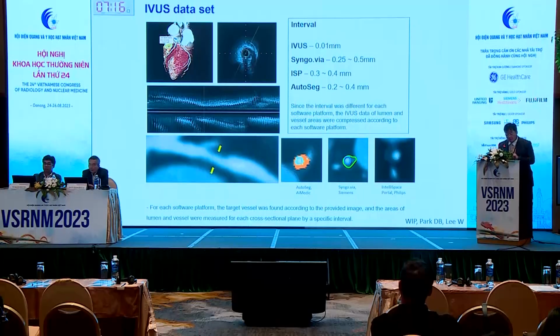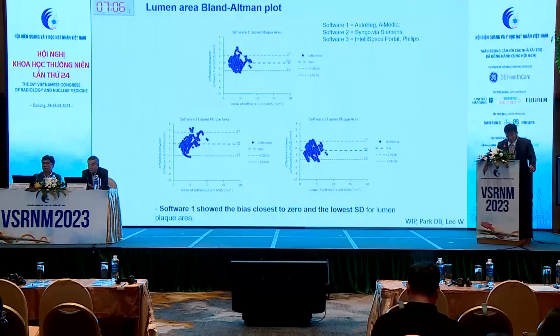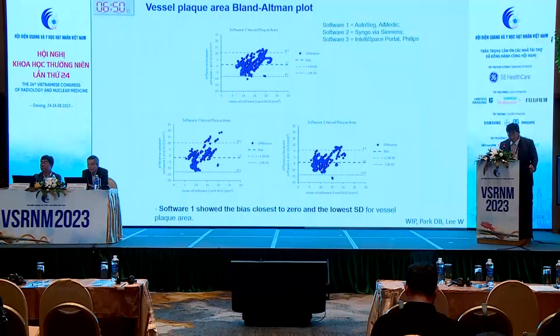So every coronary artery has a ribbon reconstruction with its own coronary artery axial images. We measure the plaque volume in each slice. For the lumen area, when we make the Bland-Altman plot, software 1, which uses the location adaptive threshold method, shows the bias closest to 0 and the lowest standard deviation for lumen, and also for the plaque.